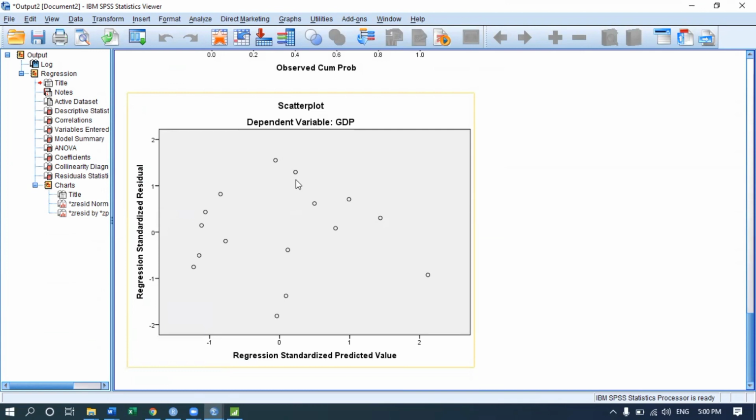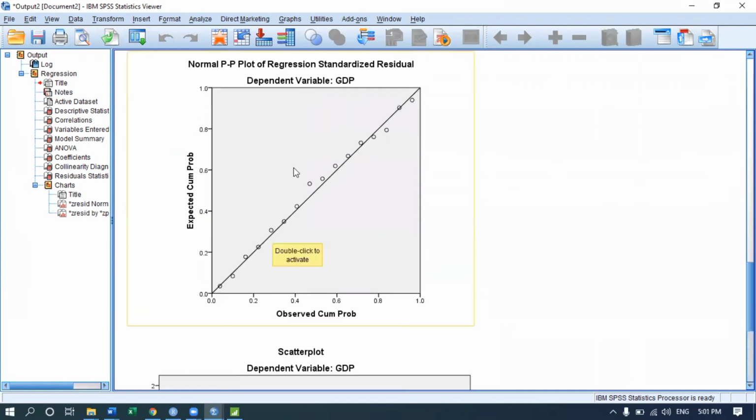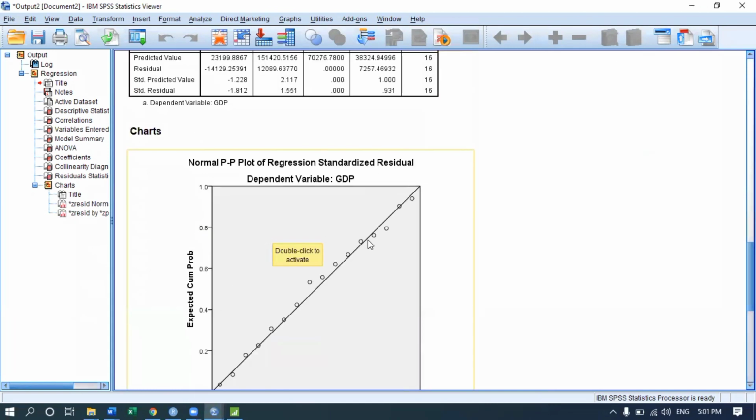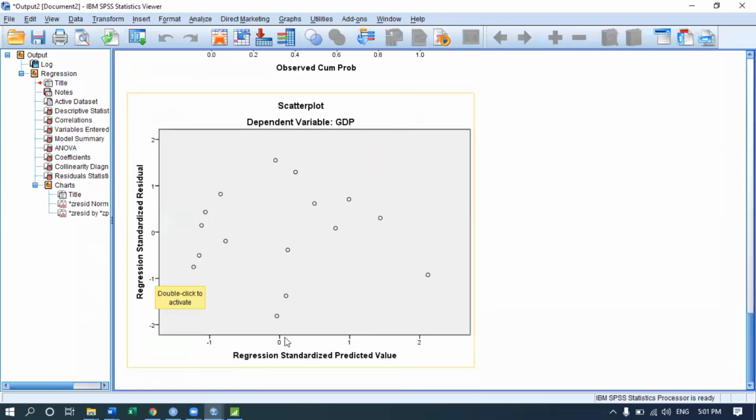So now let me interpret. Based on this, there is homoskedasticity. Based on this, there is normality. You have to state your reason. The reason why there is homoskedasticity is that there is no systematic pattern. I've explained what I mean by pattern.